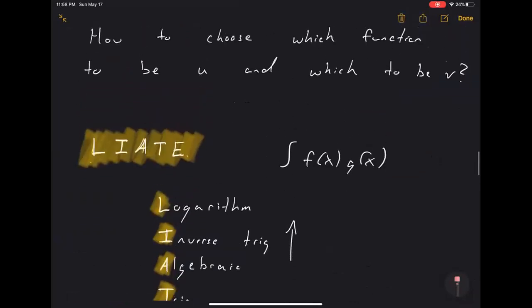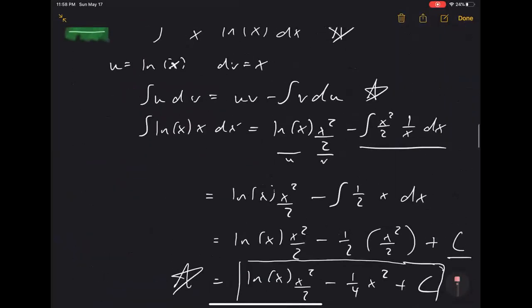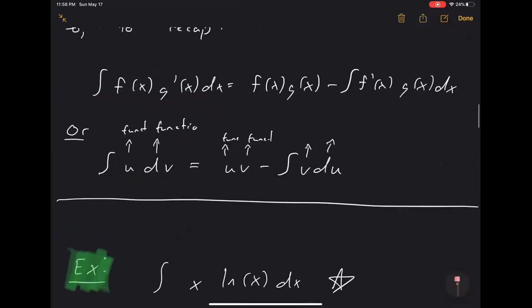The way I think about this is, if I have a problem like x ln of x, I ask myself, if I took the derivative of one of these functions and the antiderivative of another, would that make things easier for me?